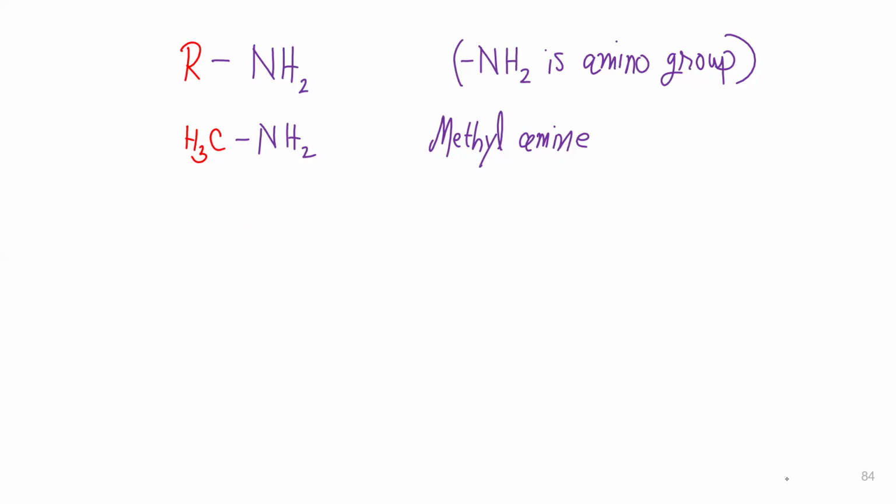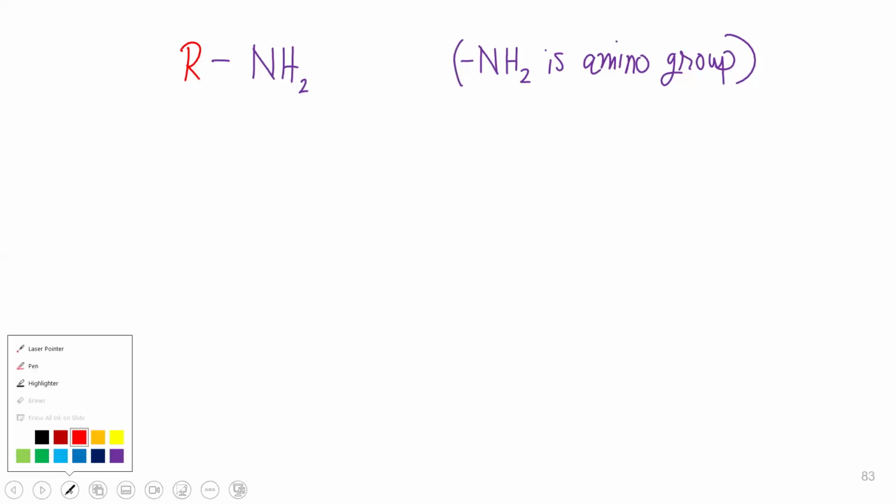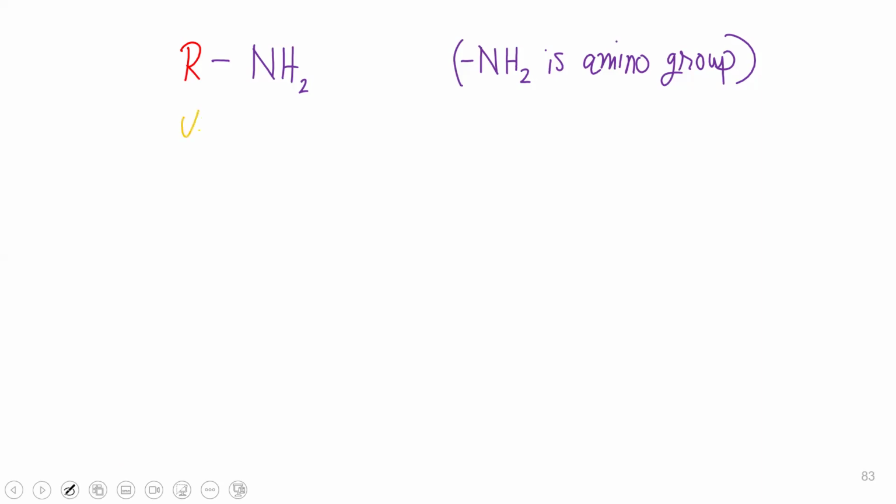This is a good convention to follow, but you can write it CH3 also. H3C actually means CH3, one carbon, so methylamine. This is basically RNH2. What is the meaning of this RNH2? RNH2 means alkyl amine.